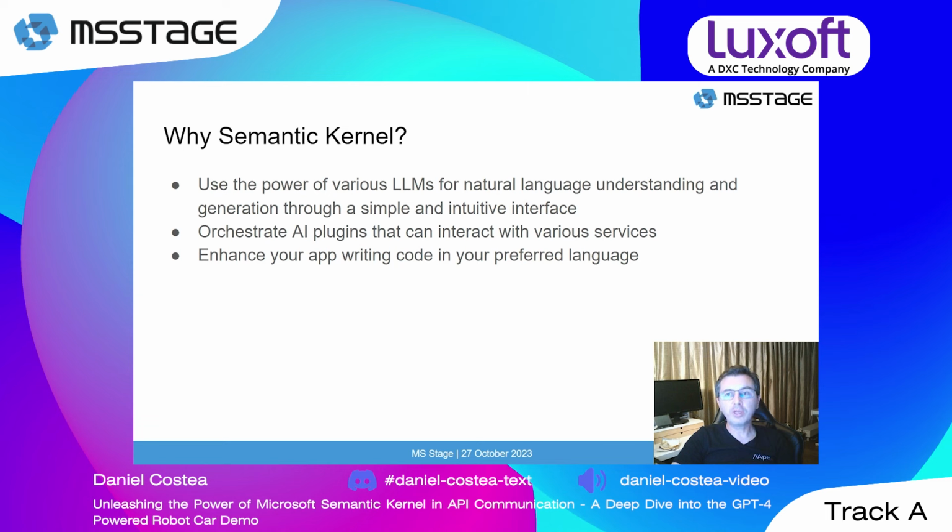Instead, we can use the Semantic Kernel intuitive interfaces. With Semantic Kernel, we can orchestrate AI plugins that interact with various services. Even more, we can combine large language models like GPT with traditional programming languages to enhance our applications with natural language features.